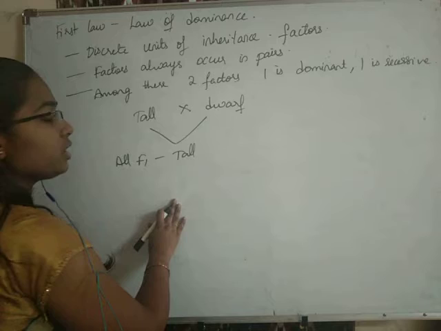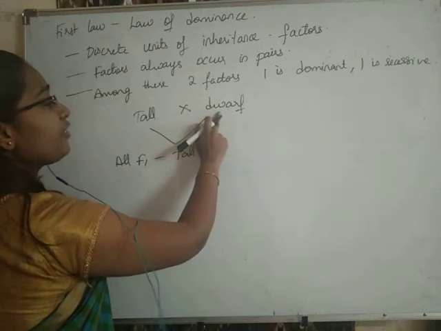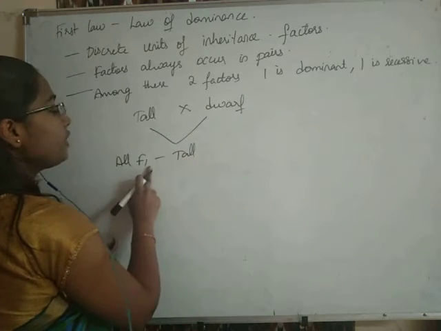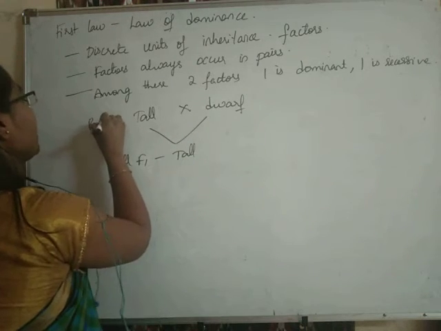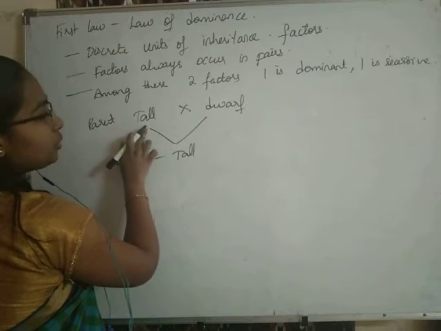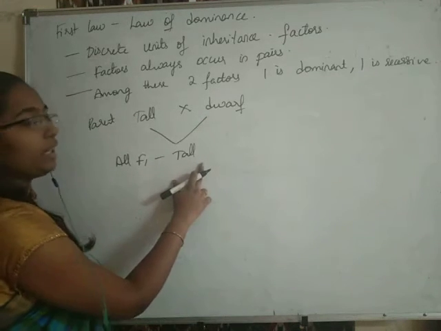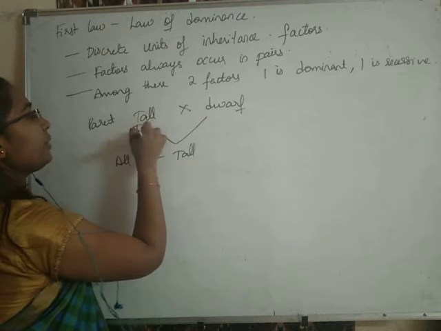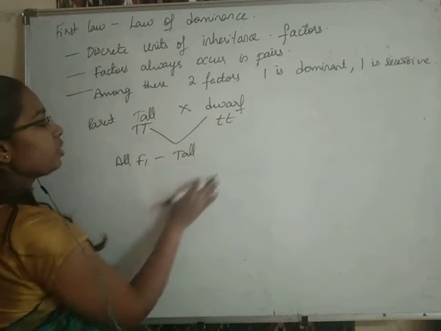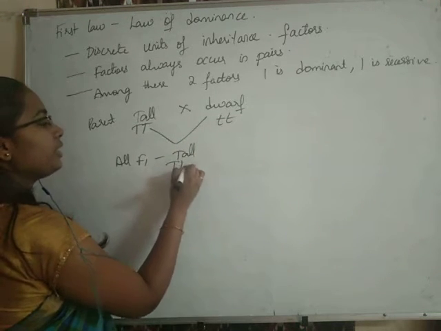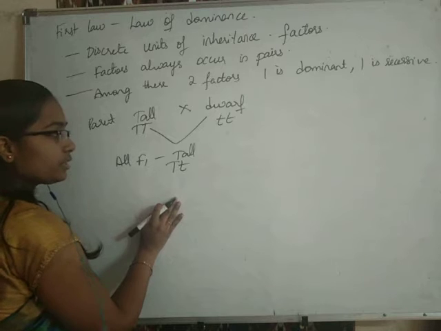The dwarf character has not appeared in the F1 generation. These are the parent plants. Capital T crossed with small t results in capital T small t tall individuals.